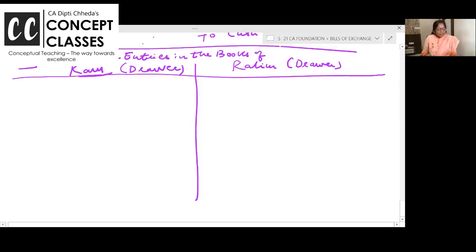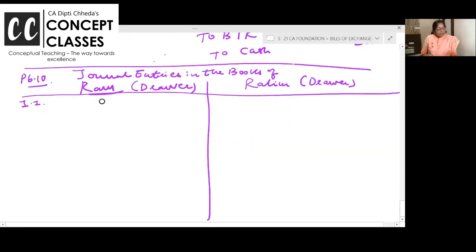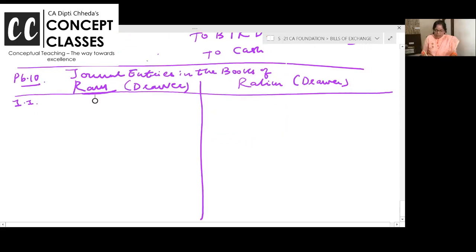Okay, 1st of January. Ram has drawn the bill and Rahim accepted. So in this book, Rahim account debit. Arey, Ram has drawn the bill and Rahim accepted. Sorry.